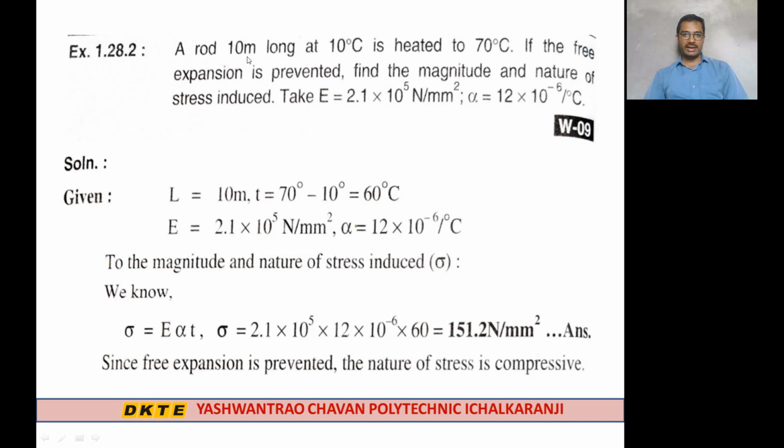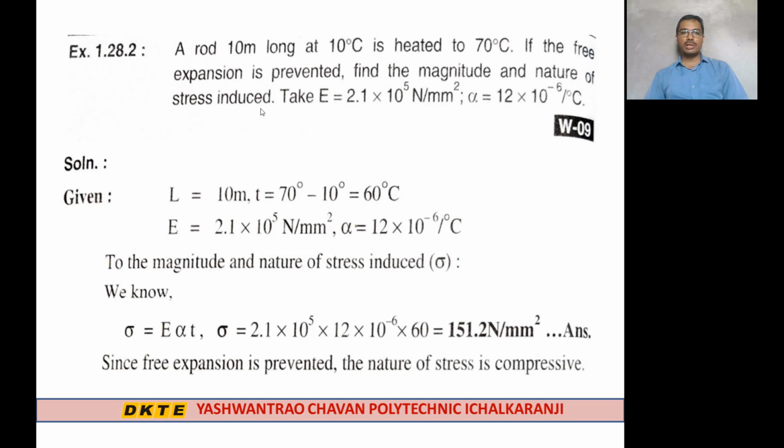Rod 10-meter long, L is equal to 10 meter. Heated from 10 to 70, that means temperature difference is 70 minus 10, 60 degree. T is 60 degree rise in temperature. E and alpha are given, and we are asked to find the magnitude and the nature of stress.